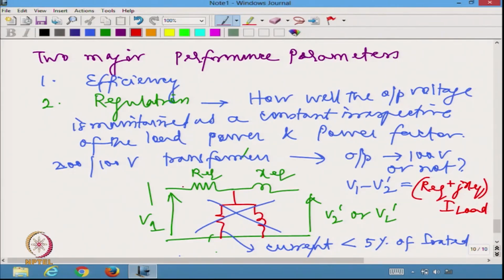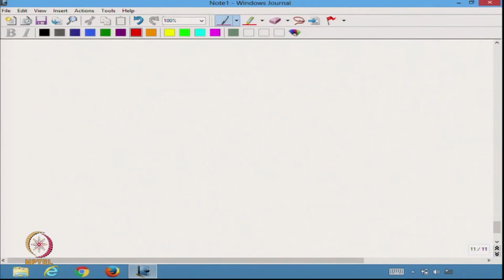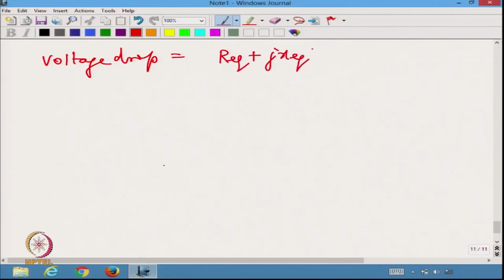So, I load is actually flowing here, this is I load. So, I can afford to neglect the parallel component of current. So, I can say I load multiplied by R equivalent plus j X equivalent is going to be the voltage drop. So, voltage drop is equal to R equivalent plus j X equivalent multiplied by I load, and I have to look at I load also along with its power factor, otherwise it does not make sense.